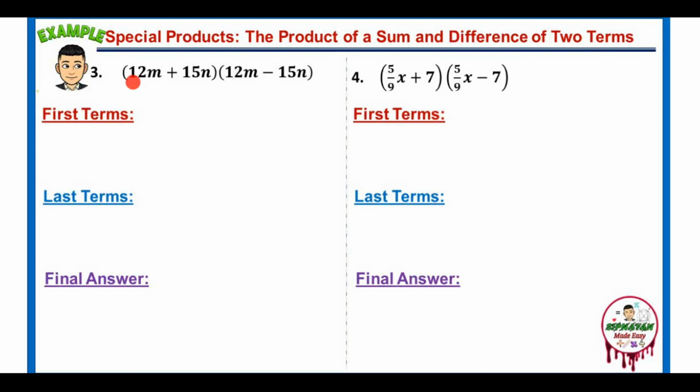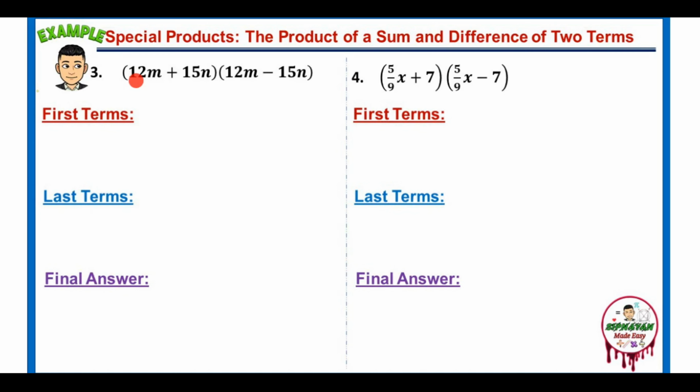Let us consider example number 3. We have the quantity 12m plus 15n times the quantity 12m minus 15n. Since they are conjugate binomials, we're going to multiply their first terms and last terms.